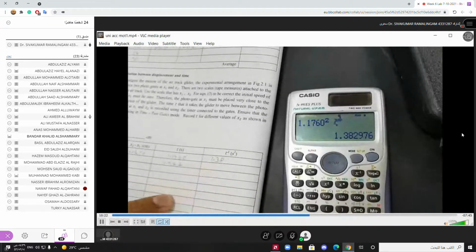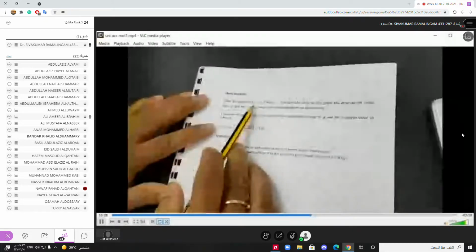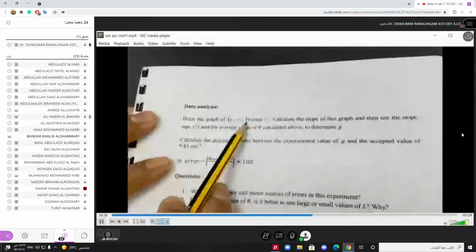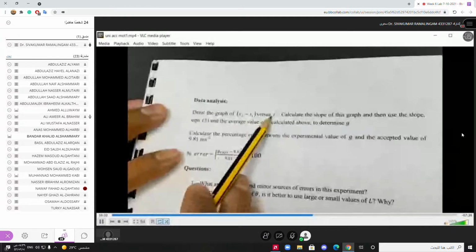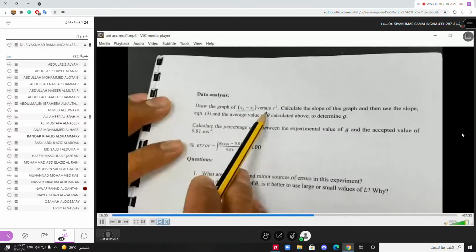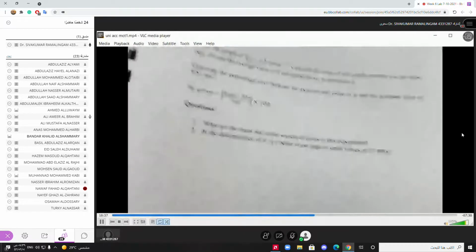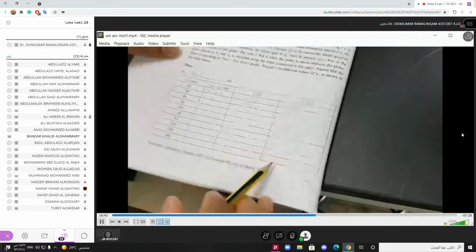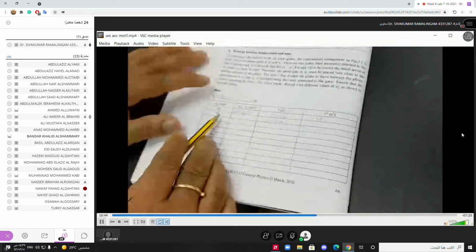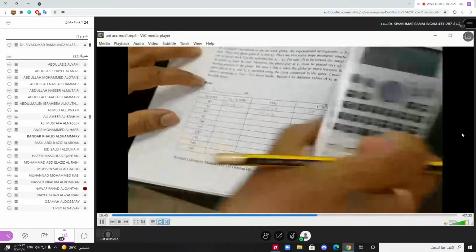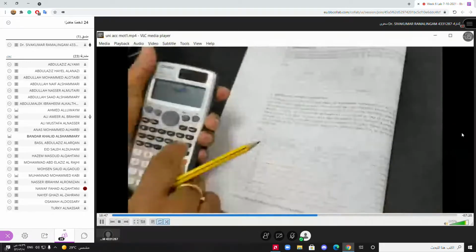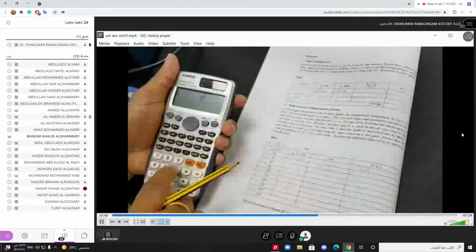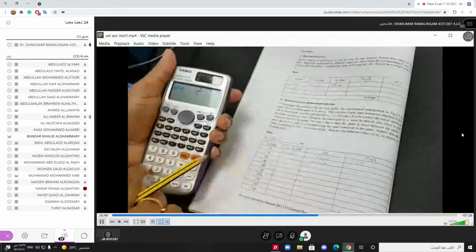Maintain 2 decimal accuracy throughout this. The next, I'm going to draw the graph between x2 minus x1 versus t square. x2 minus x1 should go to the y-axis, t square should be the x-axis. You can complete the data here. This is x2 minus x1: 60 minus 14.5 is equal to 45.5.